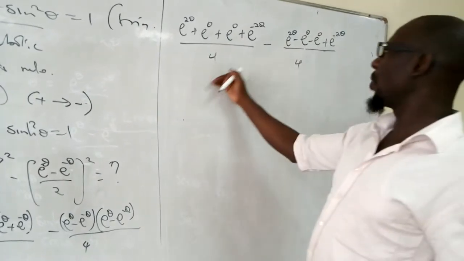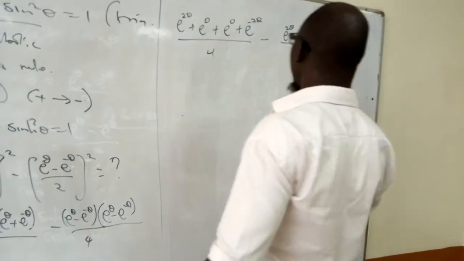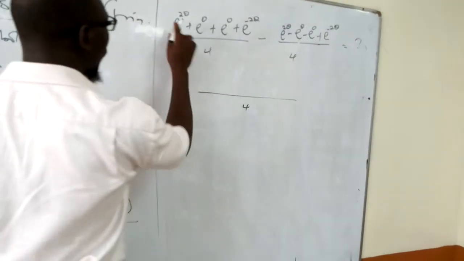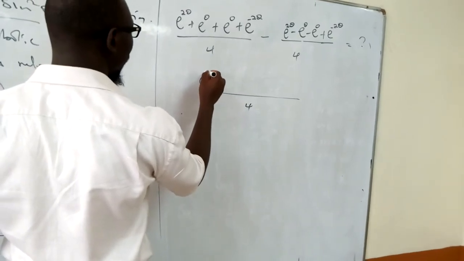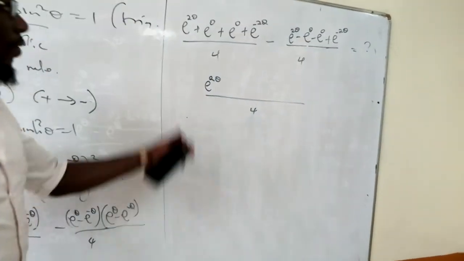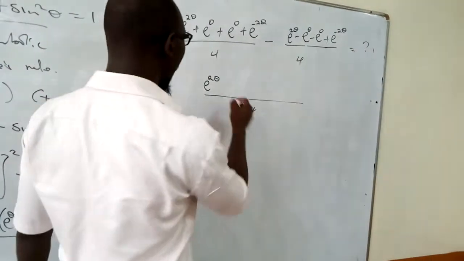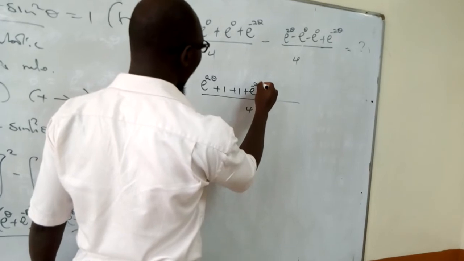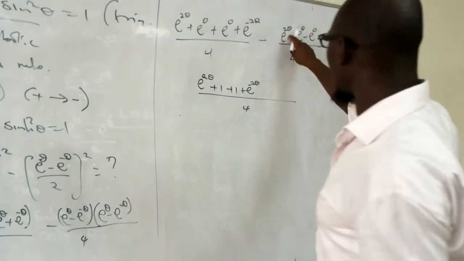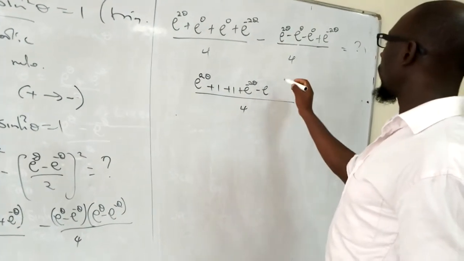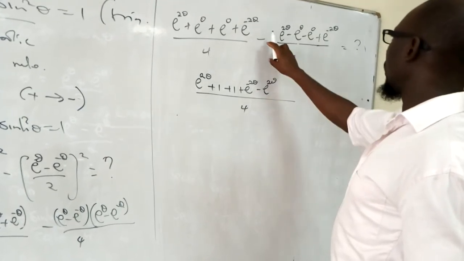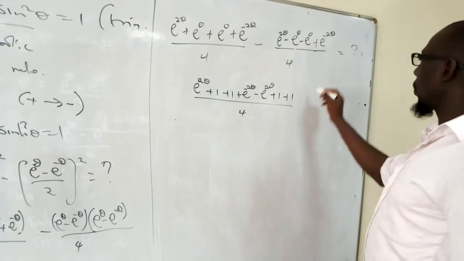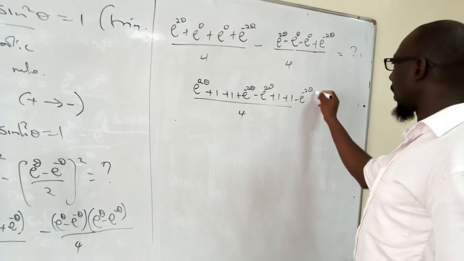So the denominator is the same, we can share the denominator, so it becomes everything over 4. This one becomes exponential of 2 theta. Exponential of 0 is 1, anything raised to the power 0 is 1, plus 1, plus 1, plus exponential of negative 2 theta. Then this negative term becomes minus exponential of 2 theta, plus 1, plus 1, and the negative term becomes minus exponential of negative 2 theta.